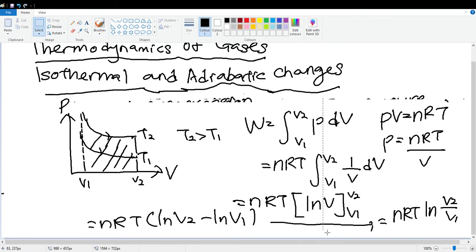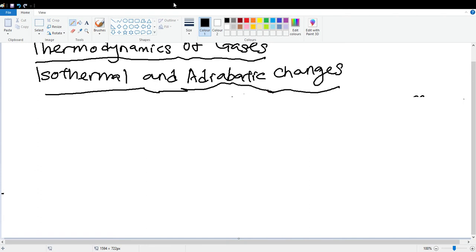Let me just erase all this. So let's go through the adiabatic changes. What are adiabatic changes?